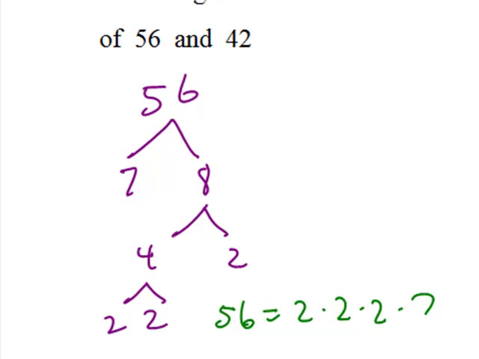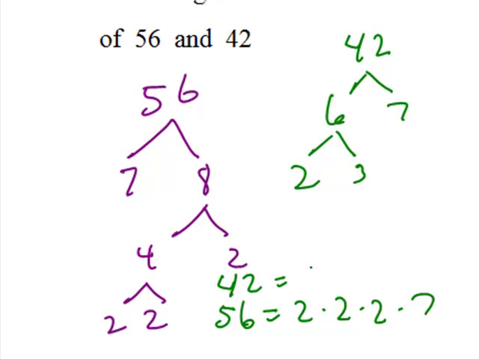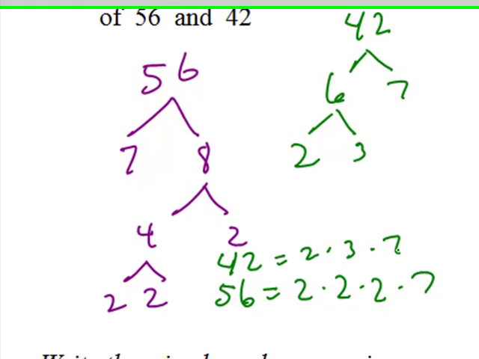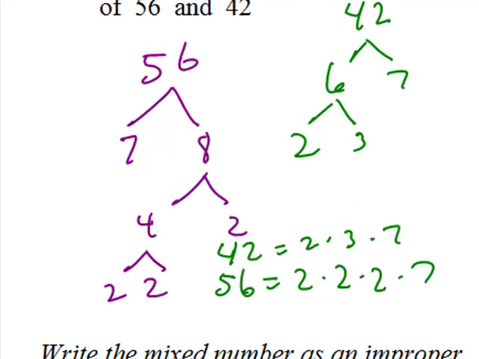42, let's see how that breaks down. That's 6 times 7, well there's 7 again, and 6 is 2 times 3. So 42 is 2 times 3 times 7. To find the greatest common factor, oftentimes abbreviated as GCF, we match up one at a time.